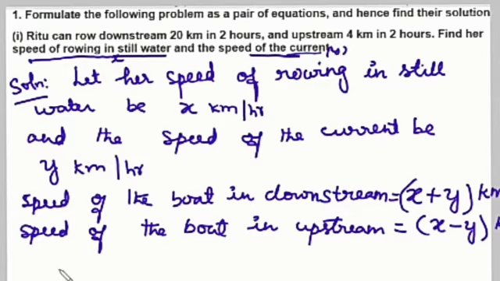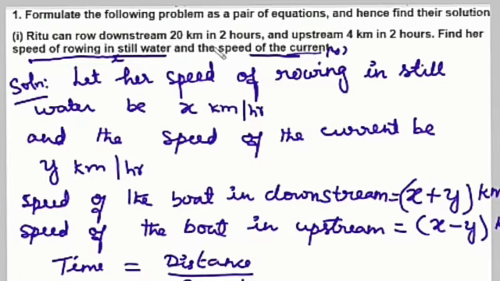Now to solve this type of question, I will use this formula. Time is equal to distance by speed. Look at the question. Let me check whether all the units are correct or not.